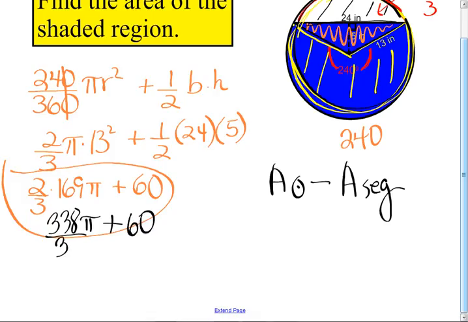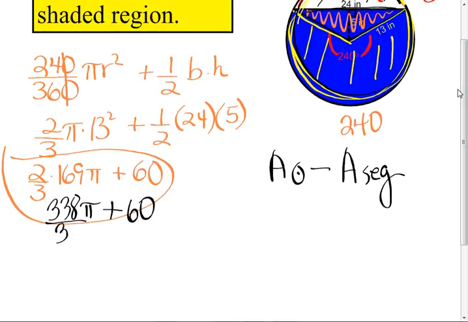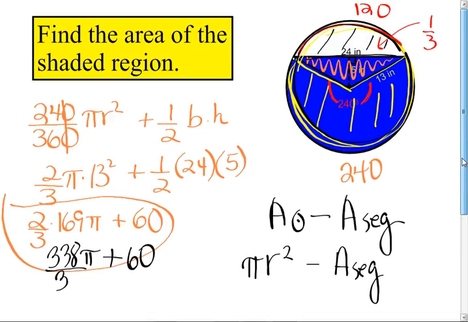Okay, guys? Zach, what's the area of the circle? It's pi r squared minus the area of the segment. What's the radius of my circle?